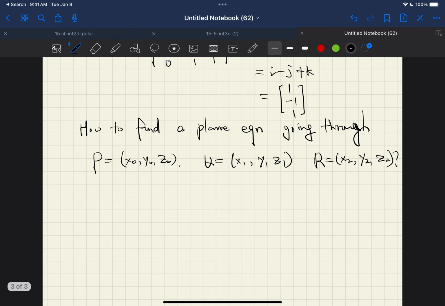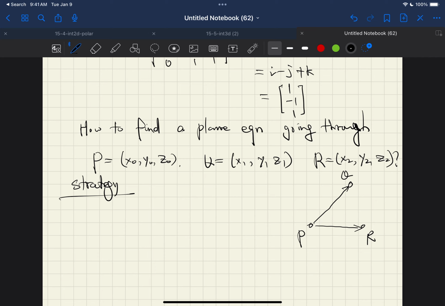Then the strategy is the following. Suppose P, Q, R are here, then what you do is you first find two vectors, PQ and PR.